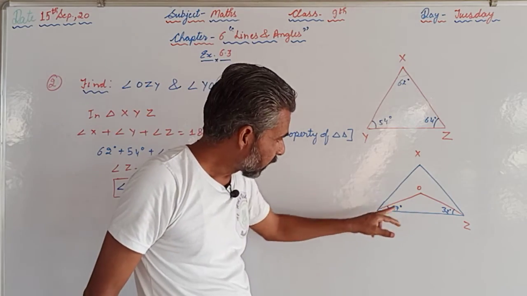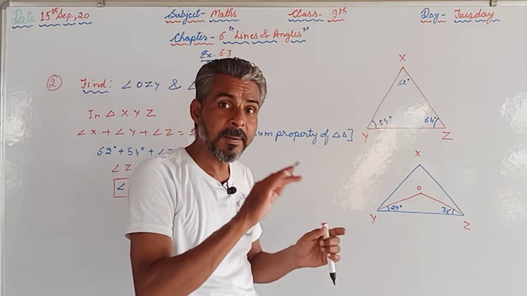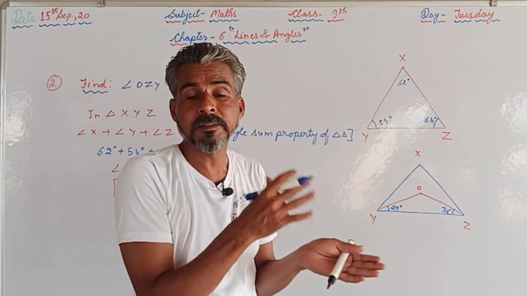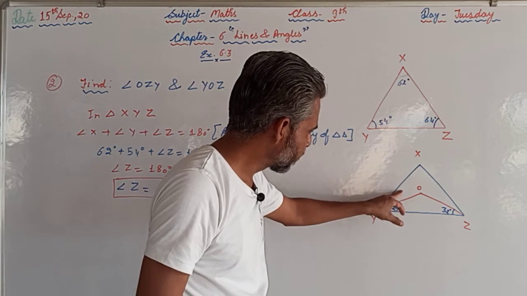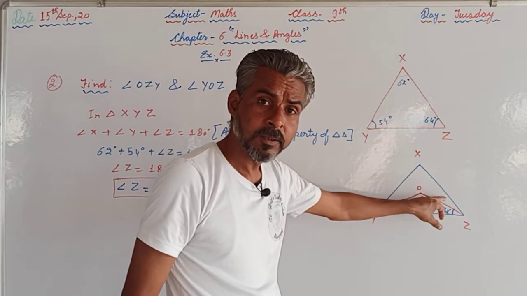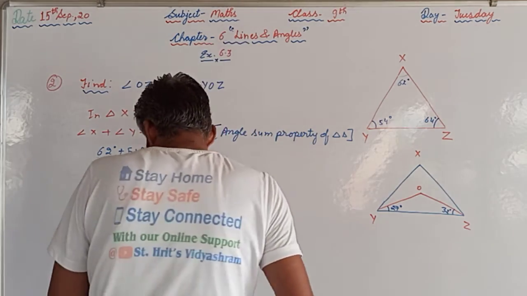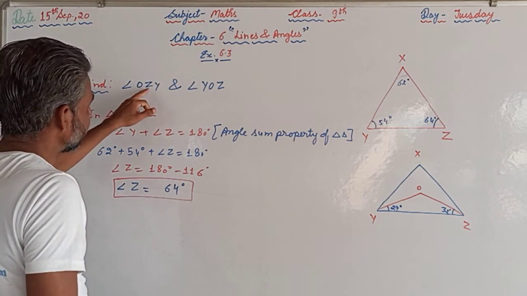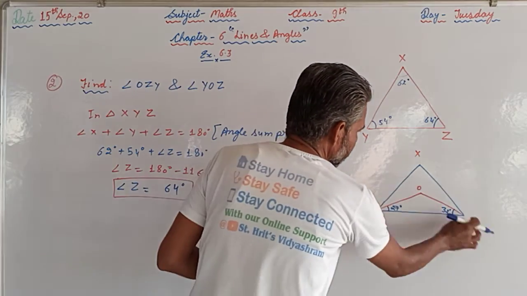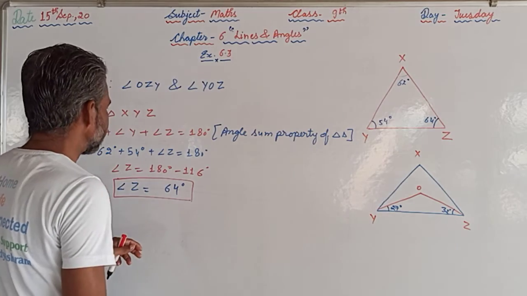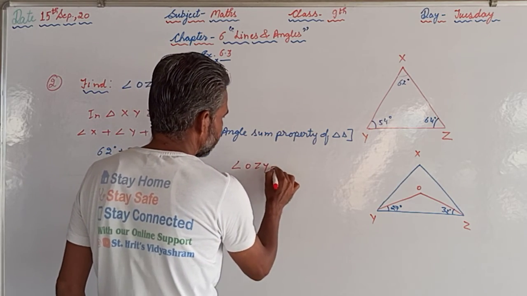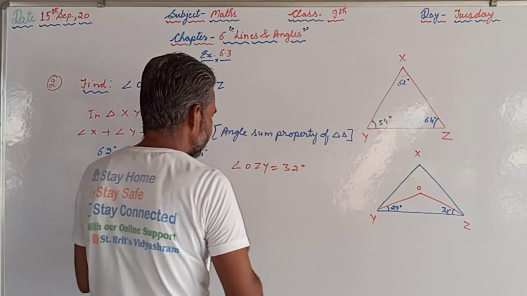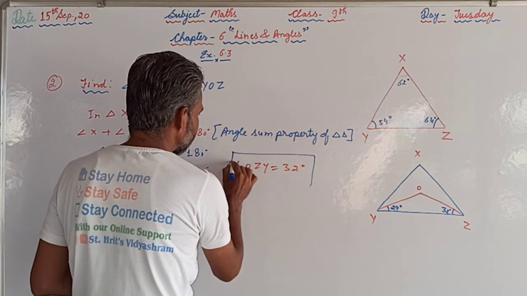Why? Because this is the angle bisector. Bisector means dividing the angle into two equal parts: 27 degree, 27 degree, 32 degree, 32 degrees. So we have to find angle OZY. OZY is 32 degrees. That is the first angle we have to calculate.